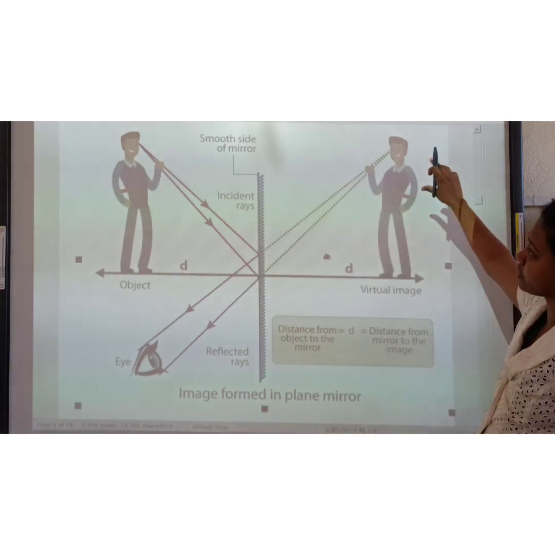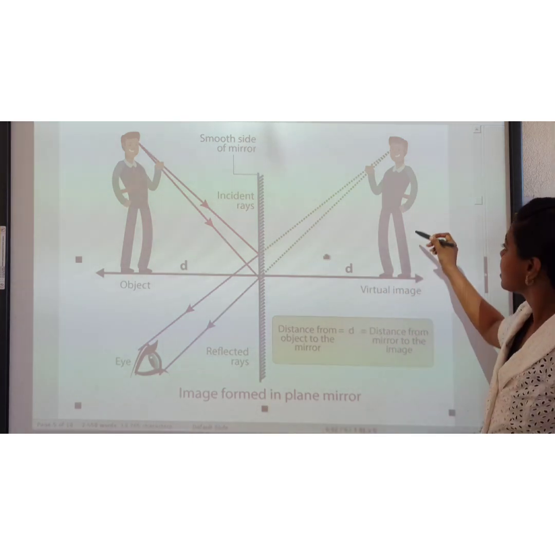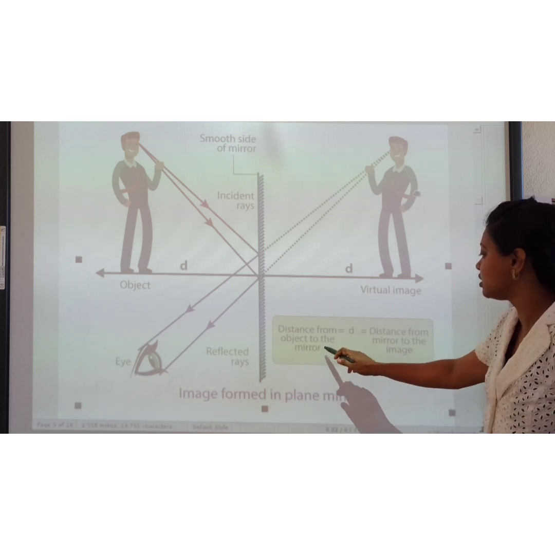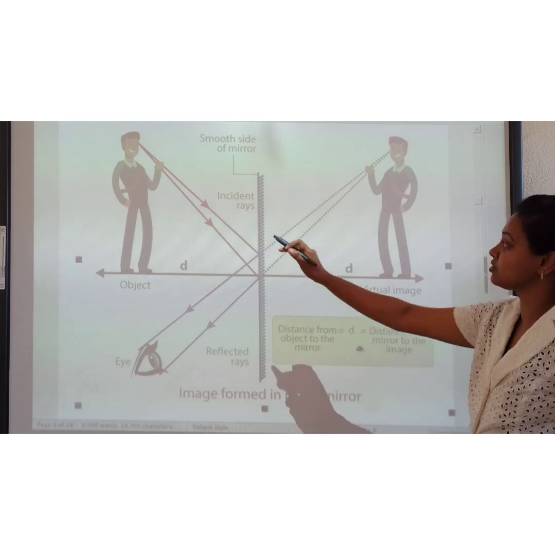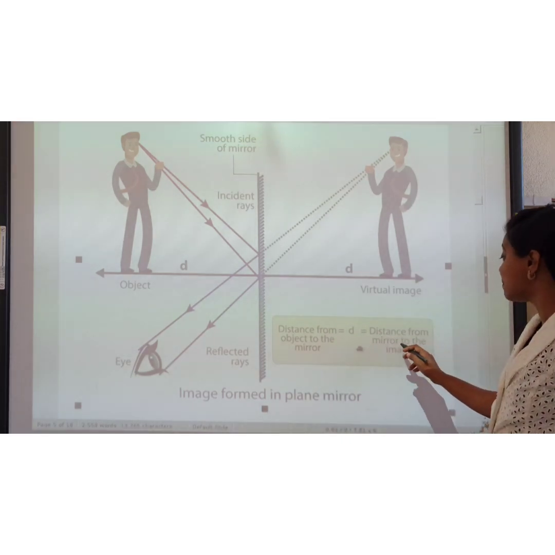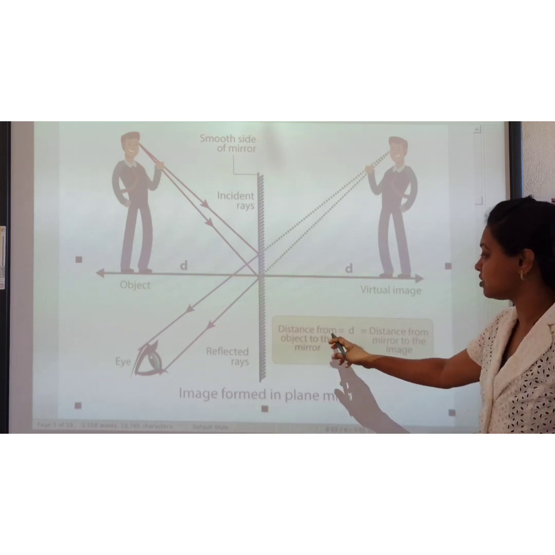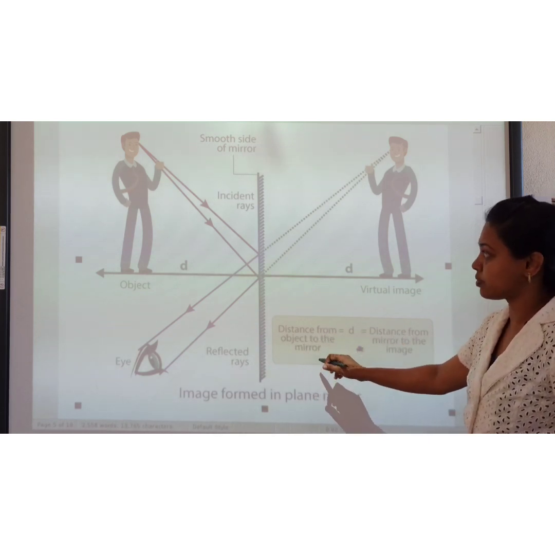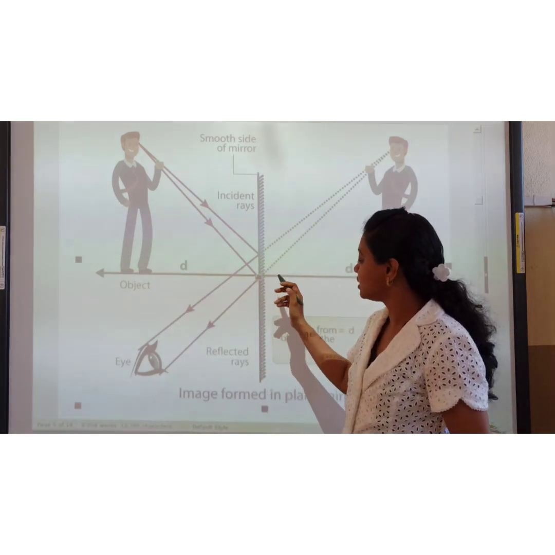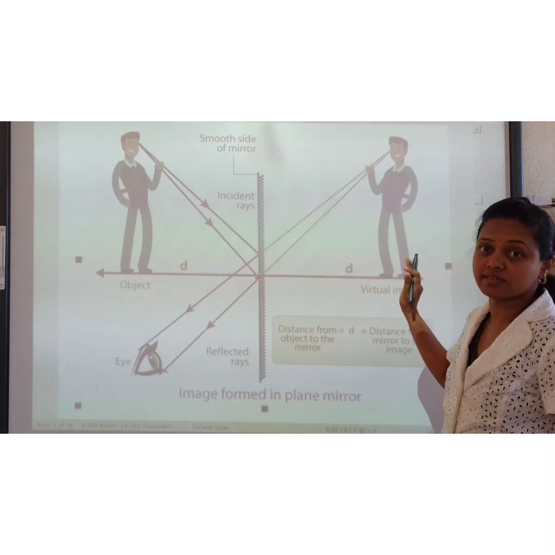But here what will happen: the virtual image is formed. You can see here D is the distance of the object. Here, the distance from the object to the mirror is D. How much distance away from the smooth mirror you are standing, the distance from the mirror to the image is equal. The distance from the object to the mirror, and the distance from the mirror to the virtual image, are the same.